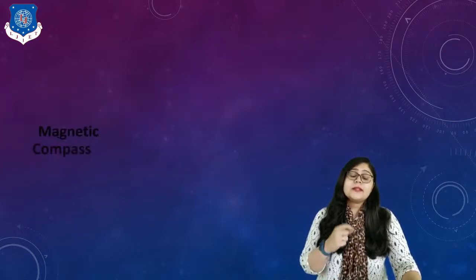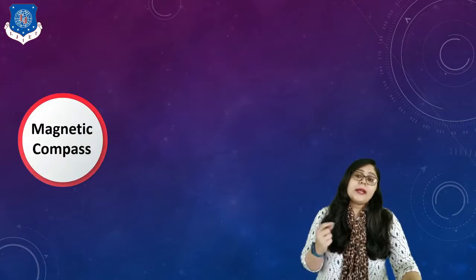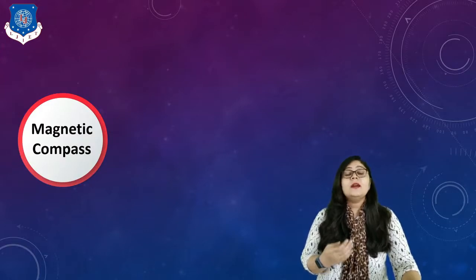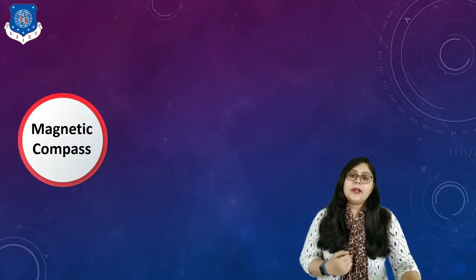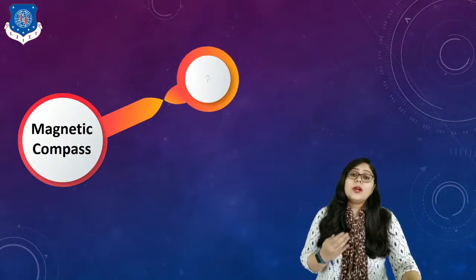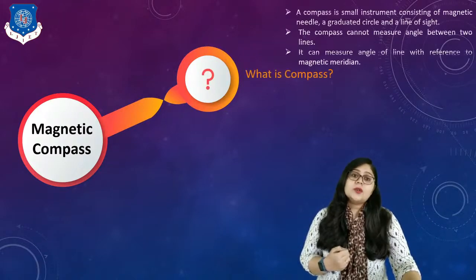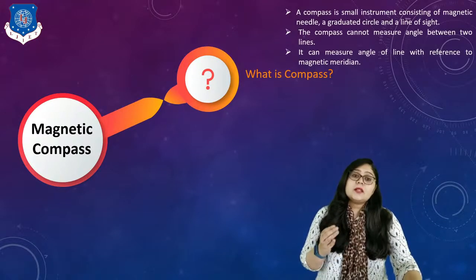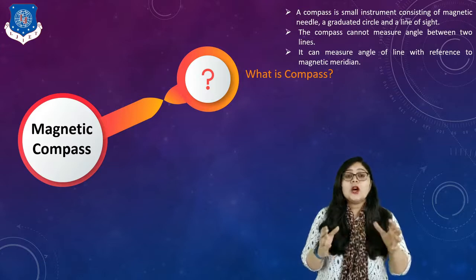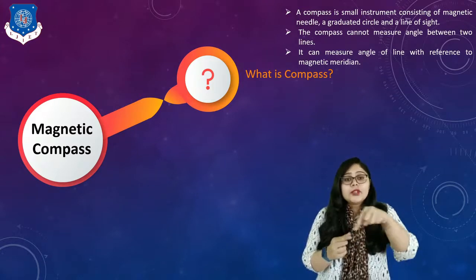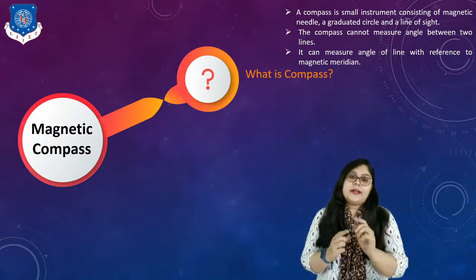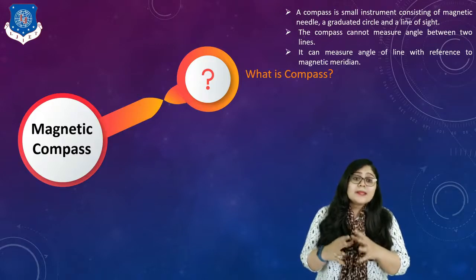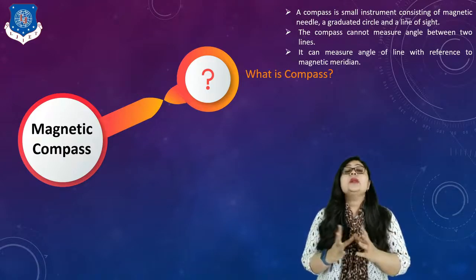Now, let's discuss different types of magnetic compass, as we are going to use the magnetic compass in the field for angular measurement in compass survey, right? So the first question is, what is a compass? A compass is a small instrument consisting of a magnetic needle, a graduated circle and a line of sight, right? The compass cannot measure the angle between two lines.